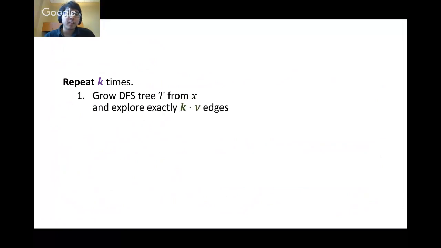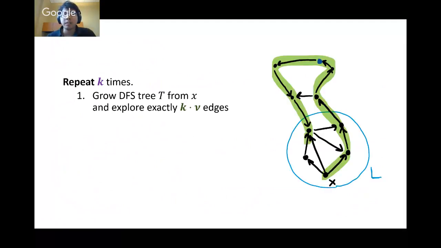The algorithm works like this. You repeat k times. Each time, you grow a DFS tree starting from x and explore exactly k new edges.